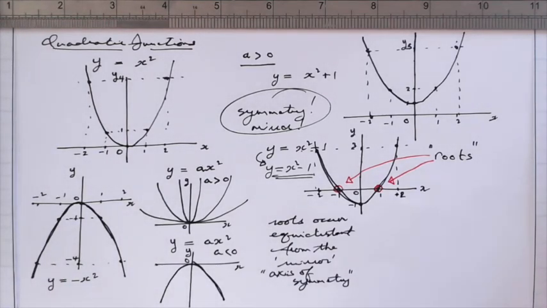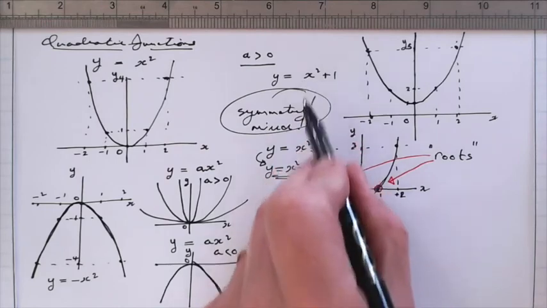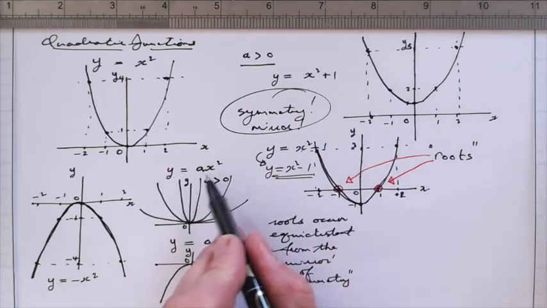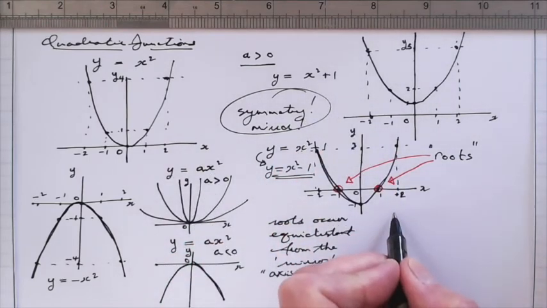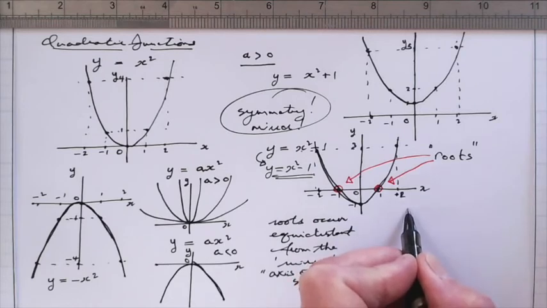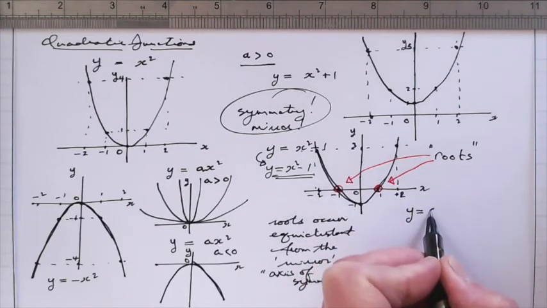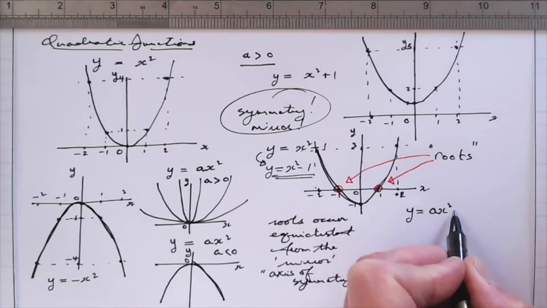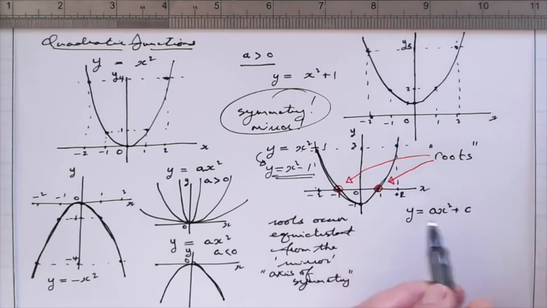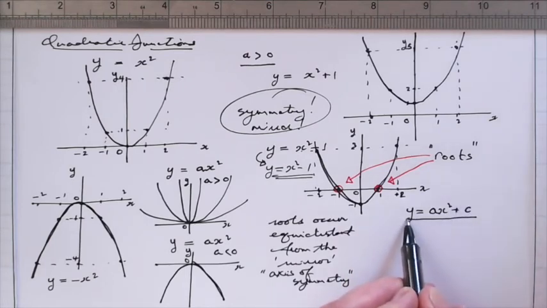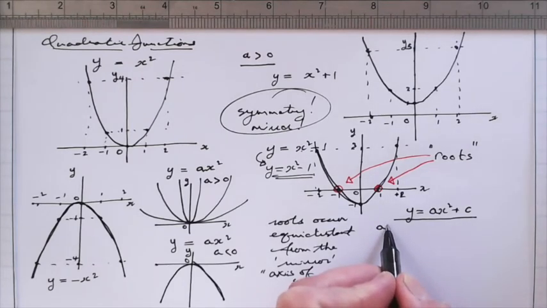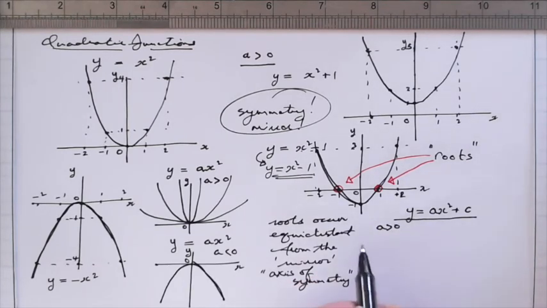So, just generalizing what we've done here to thinking about y equals ax squared, I want you just to think about y equals ax squared plus a constant. And let's just think of a positive. Then we have 2 main possibilities.